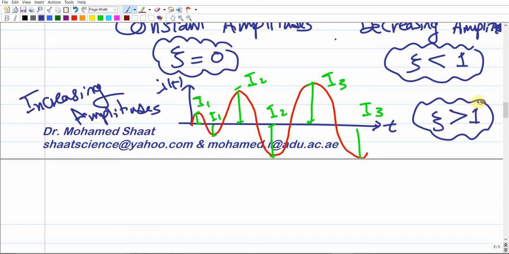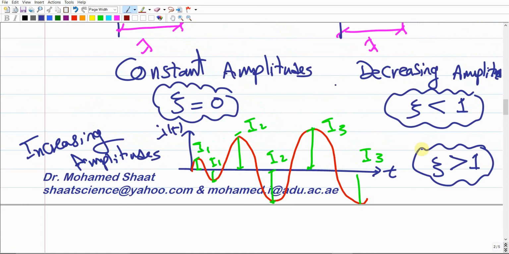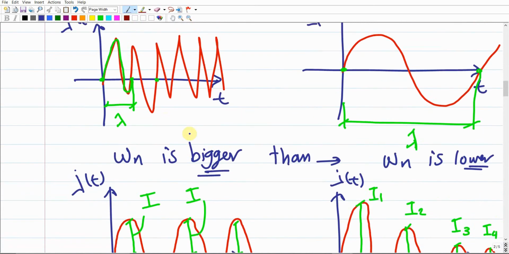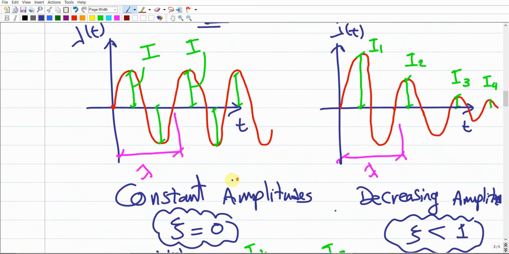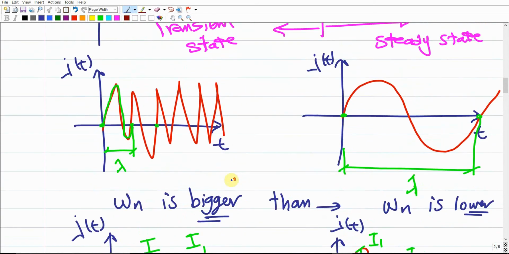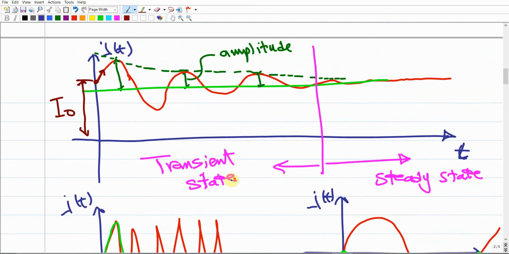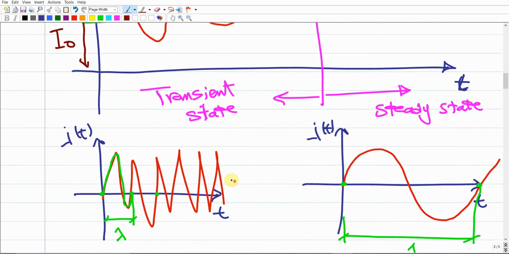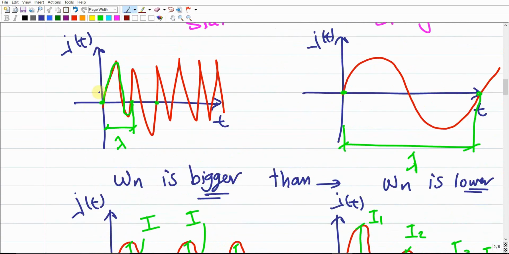So it is clear to us that this omega n and this Xi, these two parameters, describe some specific physical phenomena in this I of t. Simply, they describe how the current is going to change over time. Is it going to change at a high rate or at a slow rate? A high rate means that omega n will be bigger, a high value.